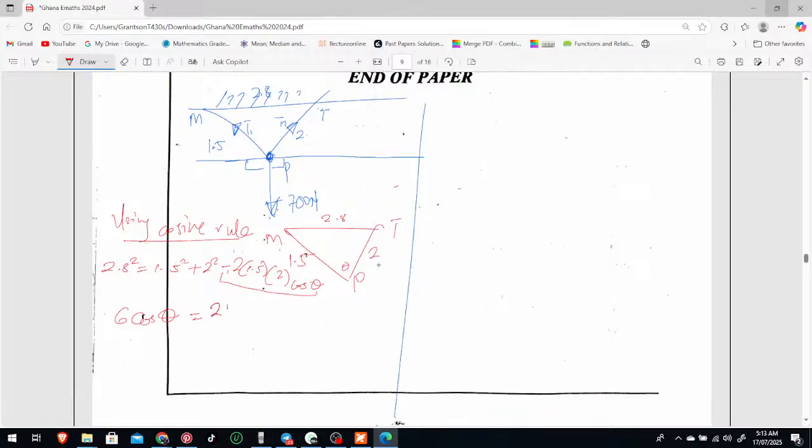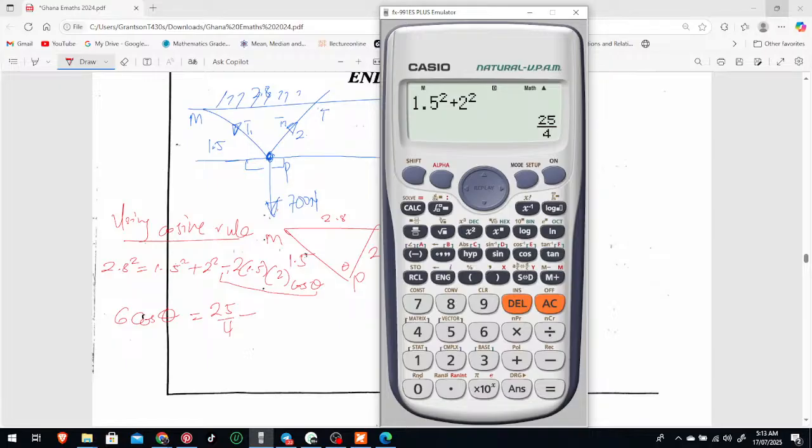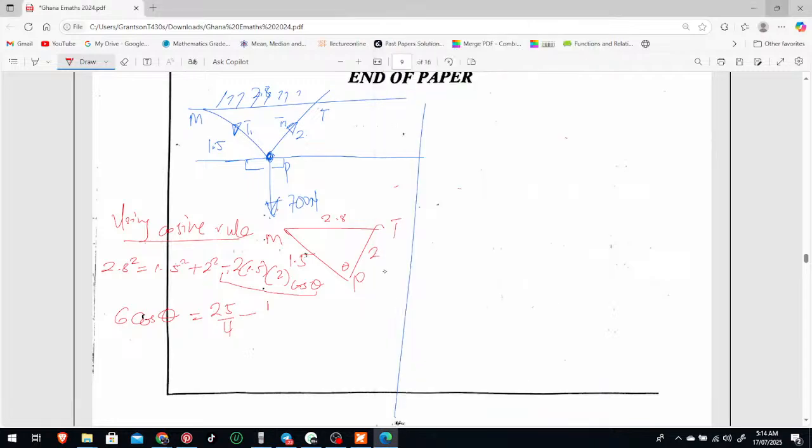So this becomes 25 over 4 minus the 2.8 square. 2.8 square is 196 over 25. Do you understand? I've moved everything here and I've simplified this once, and I've moved this one across to the other side of the equal sign. Have you understood?